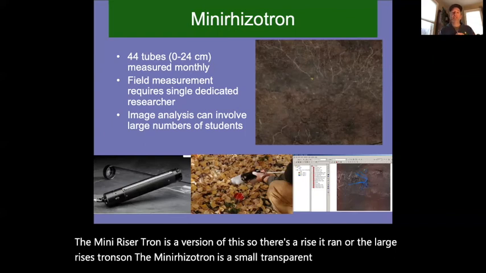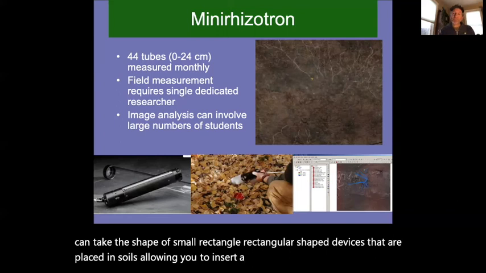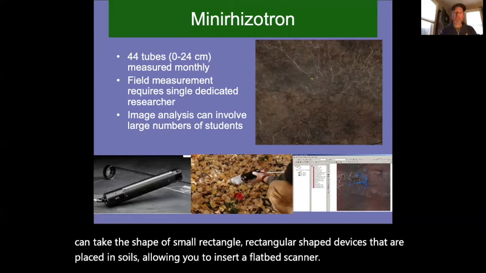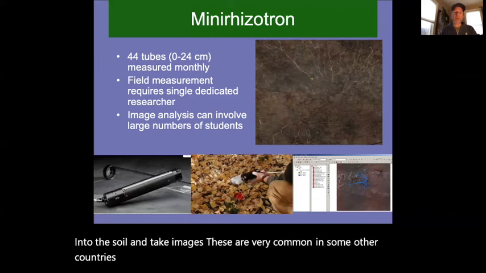And these can take the shape of small rectangular shaped devices that are placed in soils, allowing you to insert a flatbed scanner into the soil and take images. These are very common in some other countries now. A nice cheap way to do this if you can build plexiglass boxes.